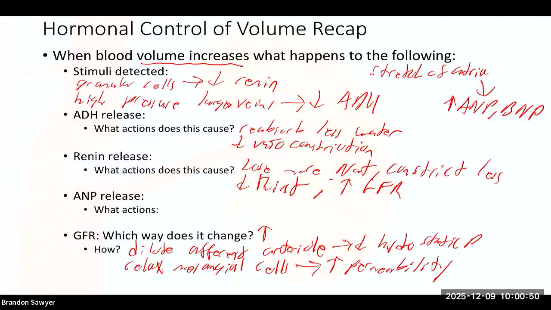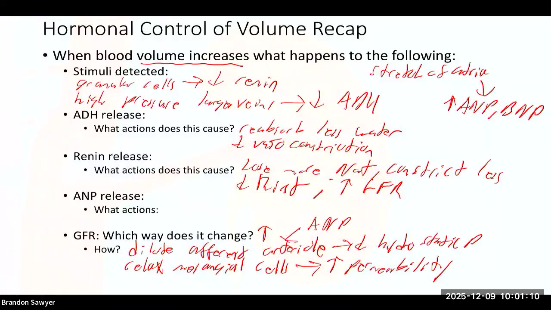Okay, so ANP, along with the two mechanisms we talked about on the last slide with angiotensin II and aldosterone and norepinephrine, those are all reversing, right, for the afferent arteriole and for the mesangial cells. Along with that, ANP does both of these things as well.